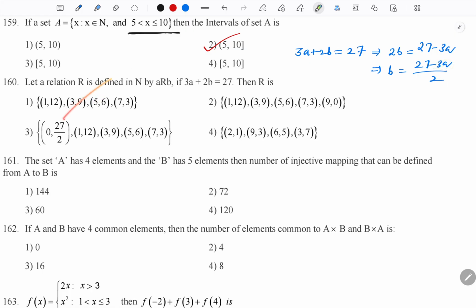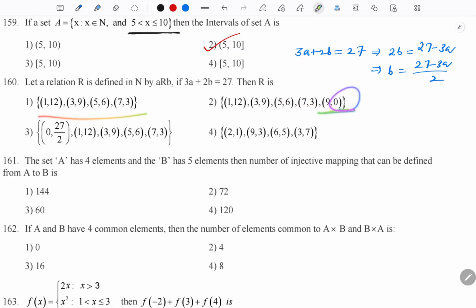Next, 5 comma 6, so a is equal to 5. Then if I substitute 5, 3 times 5 is 15, 27 minus 15 is 12, by 2 it is 6, correct? Next, a equal to 7, so 7 times 3 is 21, then 6 by 2 is 3. Yes, so b goes to 3. Perfect.